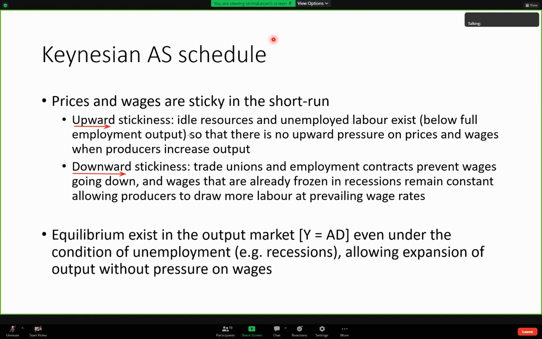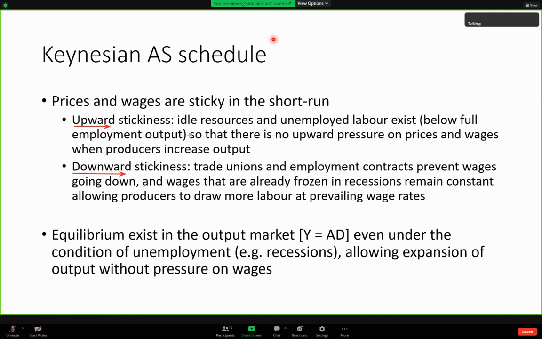The contracts that you have entered also prevent your wages from going down. Wages usually become frozen in recessions. Now in Sri Lanka, wages are frozen. That means wages do not go up.